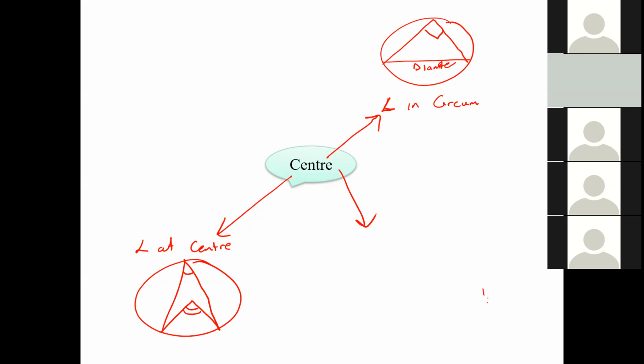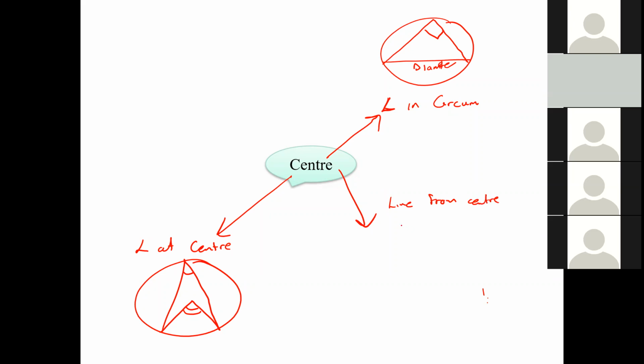Give me another theorem that should be coming to your brain. Come on, guys, that brain is powerful. Let's use it. Nobody? Line from center perpendicular to the chord. Thank you. So we have another theorem. The chord theorems, okay? So we're thinking line from the center.